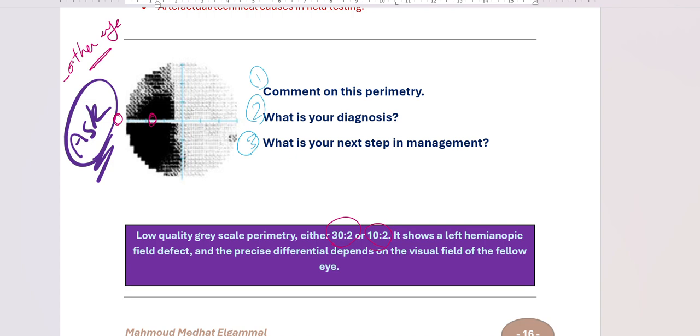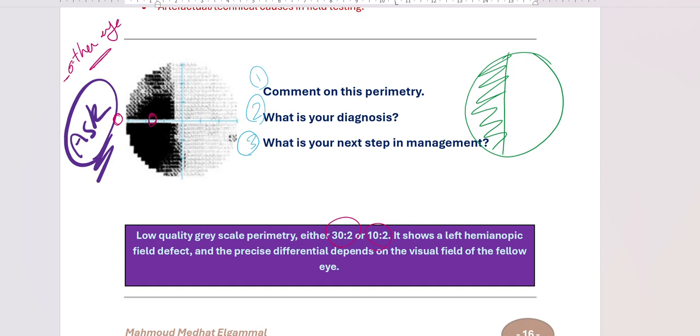So all of you assume that this is the blind spot, and this is hemifield defect, and assume that the other eye has a field defect like that. Left homonymous hemianopia, and this is right retrochiasmal lesion.